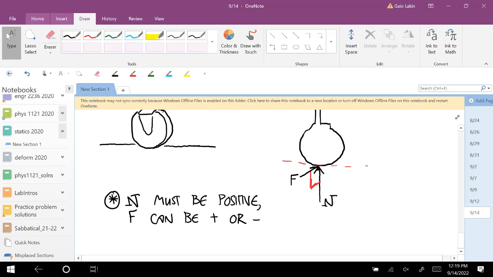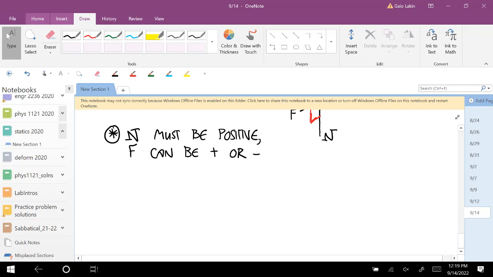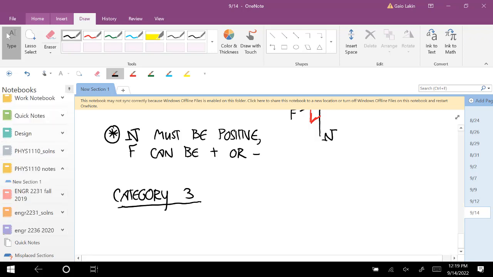Okay. Joint category 3. This is an easy one. 4 and 5 are the two trickiest ones, so I want you to appreciate the simplicity of this one while it's still around. So category 3. This is a single joint, and it's a force with an unknown direction, so a full three-dimensional force vector.